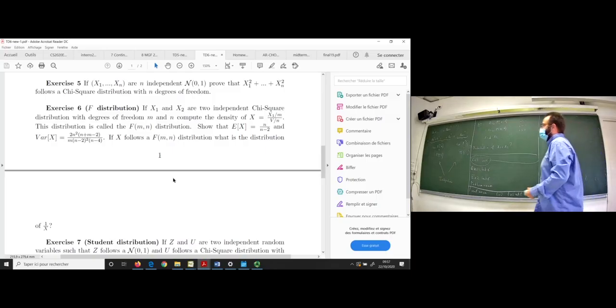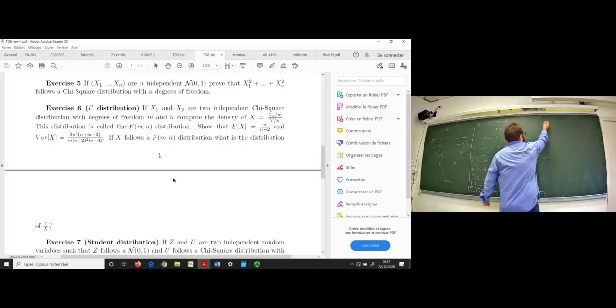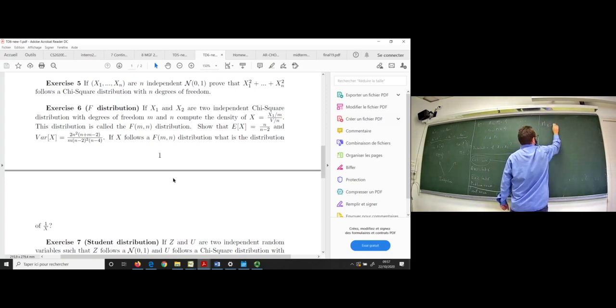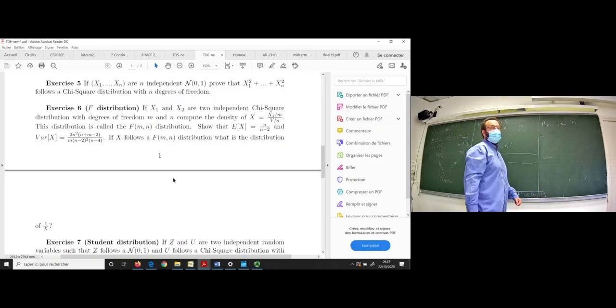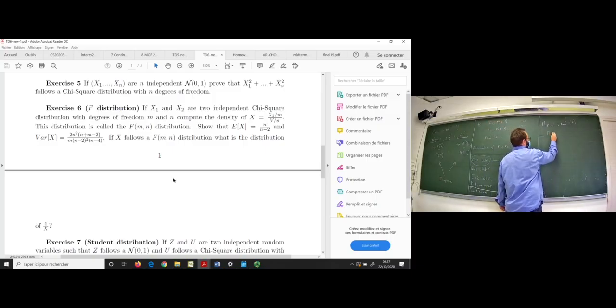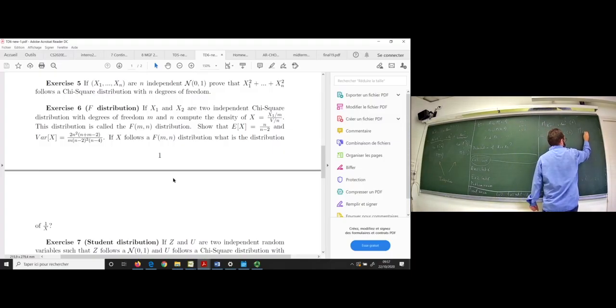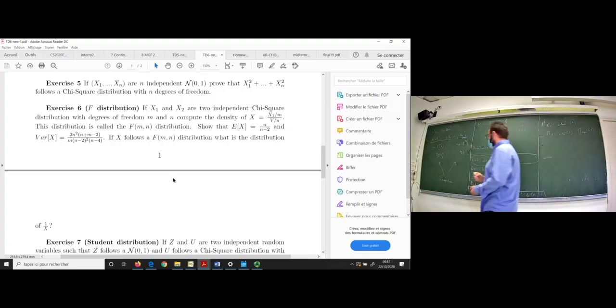That is to see that the moment generating function of x1 square plus until xn plus 1 square at the point t, by independence, may be written as the moment generating function of x1 square plus until xn square at the point t, multiplied by the moment generating function of xn plus 1 square at the point t. Here I use independence.